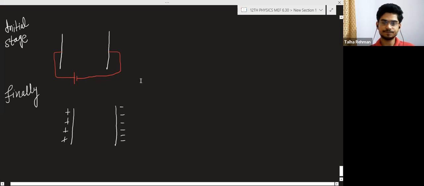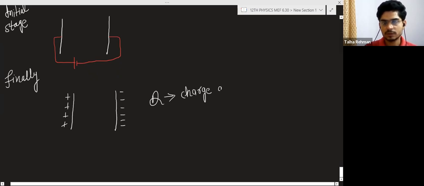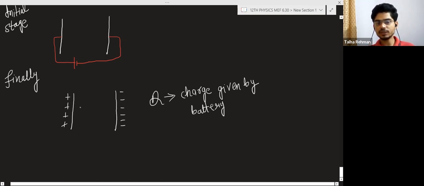Suppose Q is the charge given by the battery to the capacitor. Now the charge on the positive plate is Q, and here is minus Q. And C is the capacitance of the capacitor.